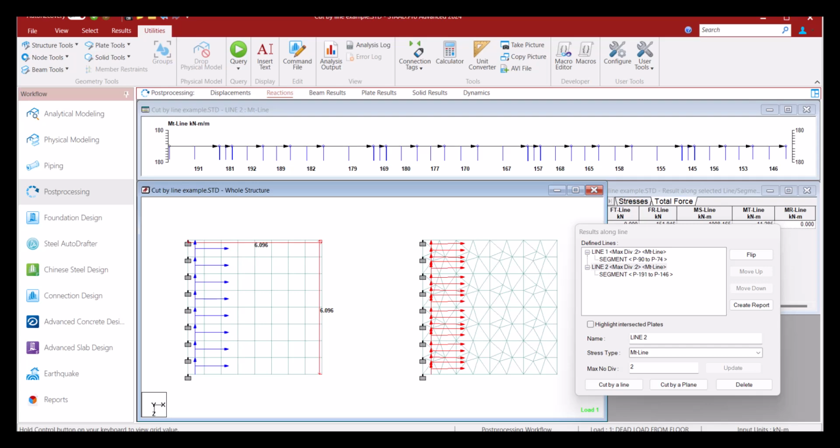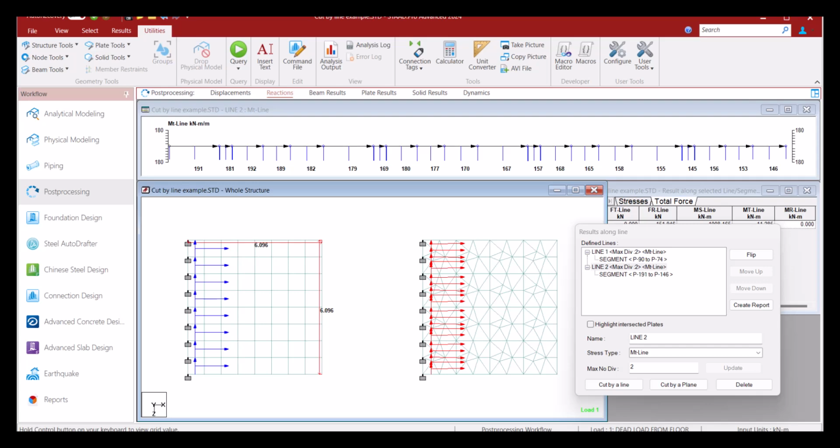But yes, all of a sudden yesterday I thought, there has been some kind of confusion among some of the STAAD users. A lot of users are asking me, can you interpret a little bit on the cut along line feature in STAAD.Pro finite element approach?